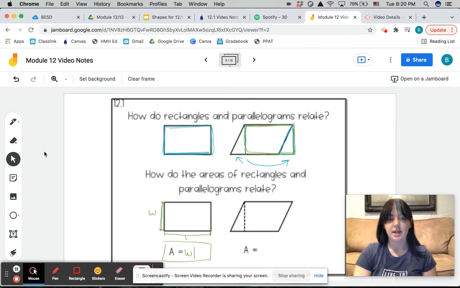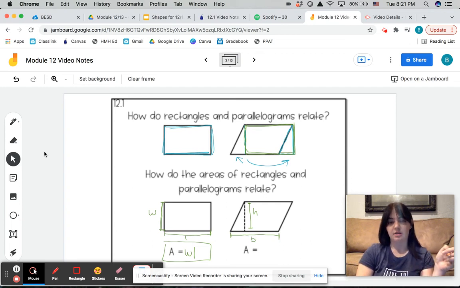Now, for this one, we have this length here, and we have this here. But instead of calling them width and length, we're going to call them height and base. Okay? The height is the dotted line, and the base is just that long one on the bottom. Okay, so now our formula is the area equals height times the base. Height times base.